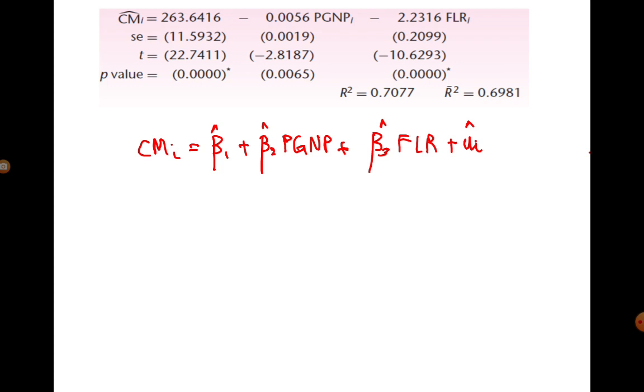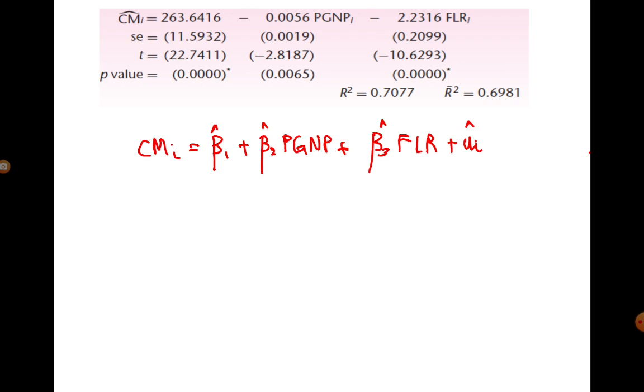And R square gives an indication of how much of the variations in child mortality is being explained by variations in the per capita GNP and female literacy rates. So according to this model, the R square value of 0.70 means 70% of the variations, or 70.7 can be rounded off, nearly 71% of the variations in child mortality can be explained by variations in per capita GNP levels as well as female literacy rates.